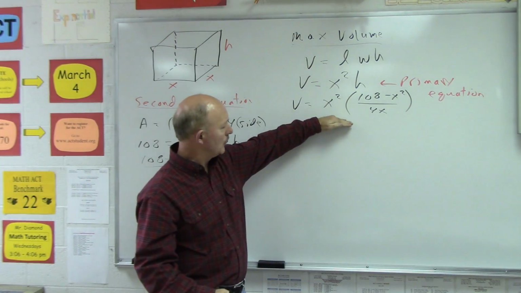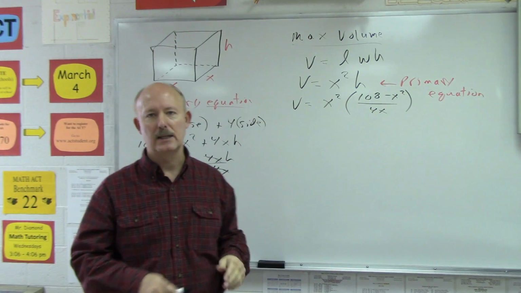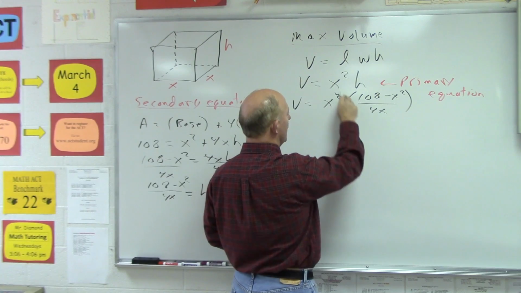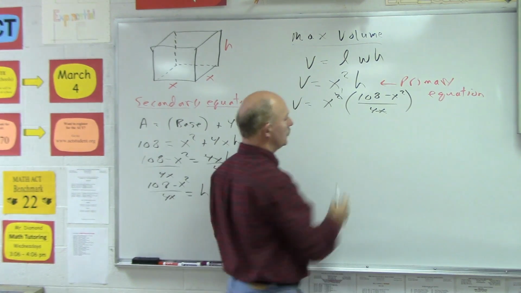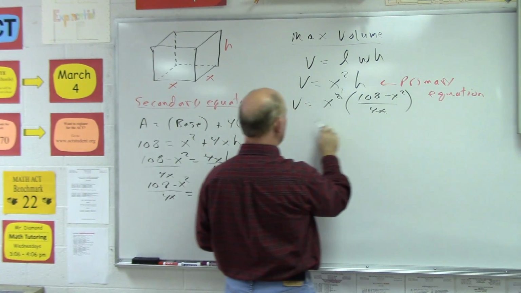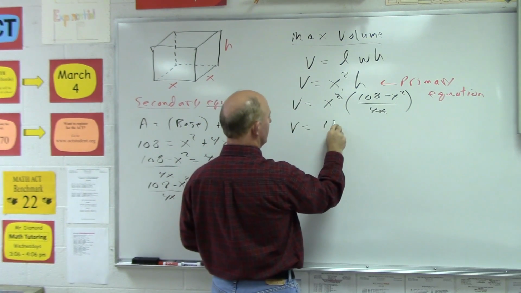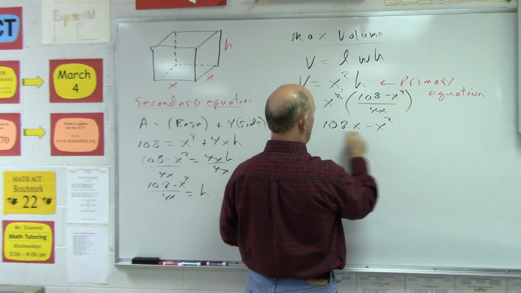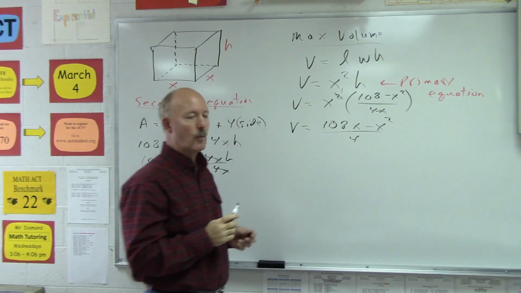Now this is what we're going to take the derivative of, but first let's see if we can simplify it a little bit. As you multiply x squared times this fraction, one of these x's is going to reduce with the x on the bottom. And then multiplying the remaining x inside your parentheses will give us V equals 108x minus x to the 3rd power, divided by 4.